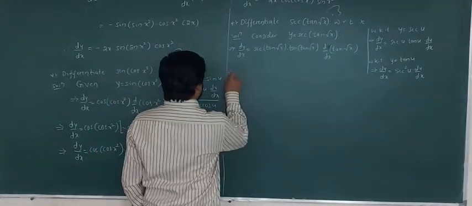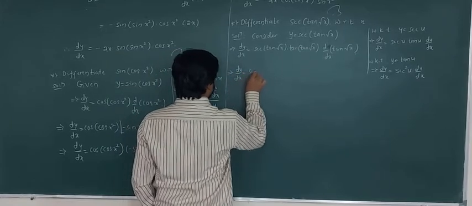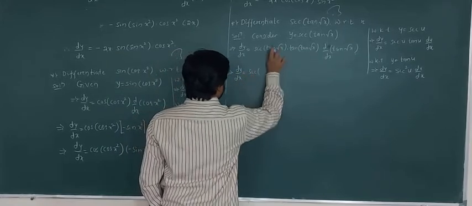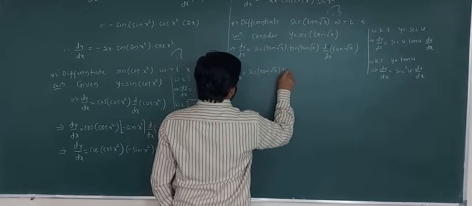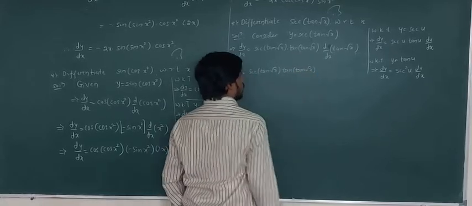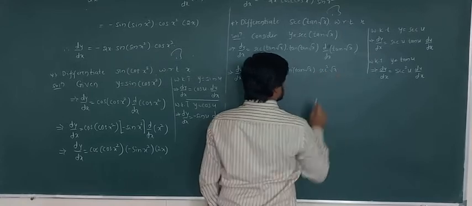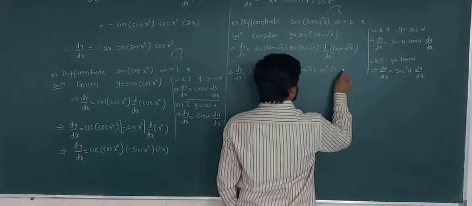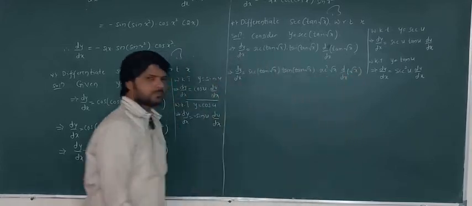So this implies dy by dx is equal to sec of tan root x into tan of tan root x into derivative of tan is a secant square of root x into d by dx of root x.